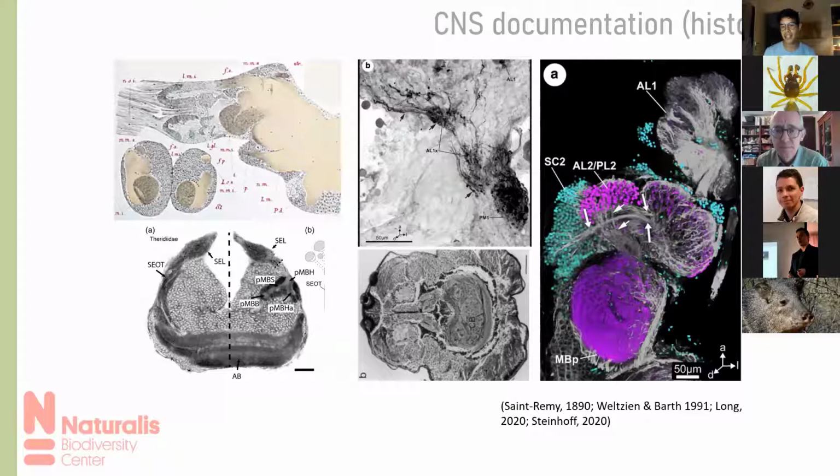These techniques allow characterizing the structures in finer detail up to a cellular level, and are really important to know where everything is connected to.